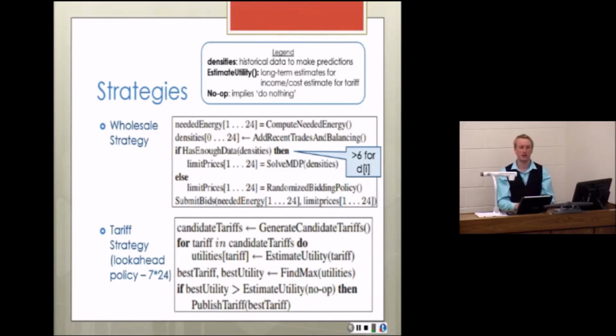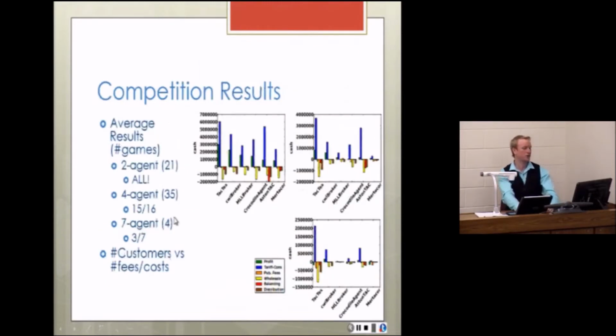Otherwise, if doing nothing is your best bet, then don't do anything. That's the tariff look ahead. And that policy is configured for the next 7 days, and each day has 24 time slots. Like I mentioned, no op up here means do nothing. So now that I've explained all that, I'll talk about the competition results.